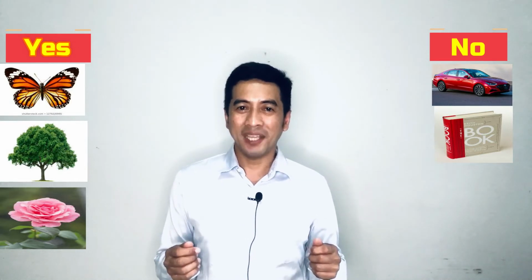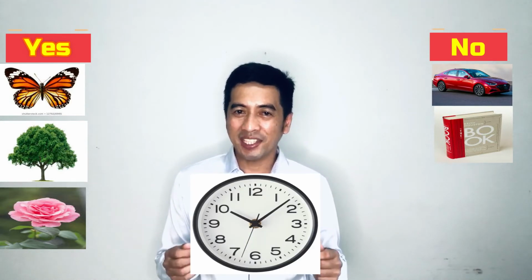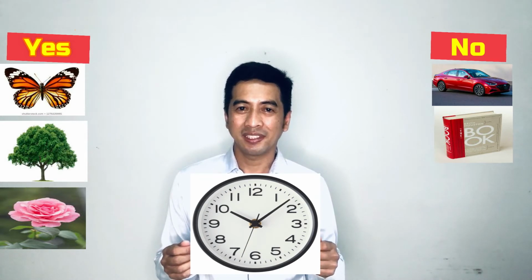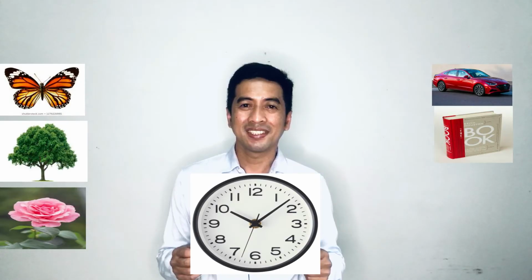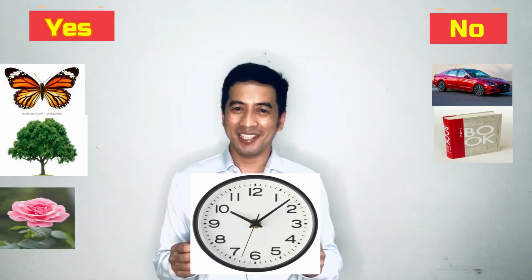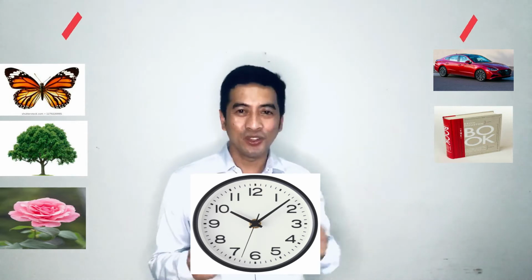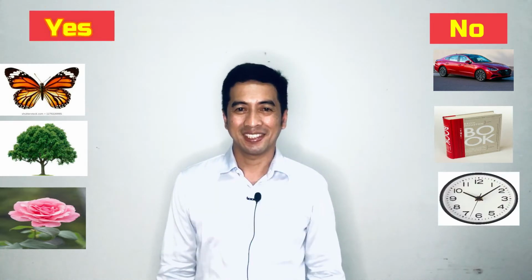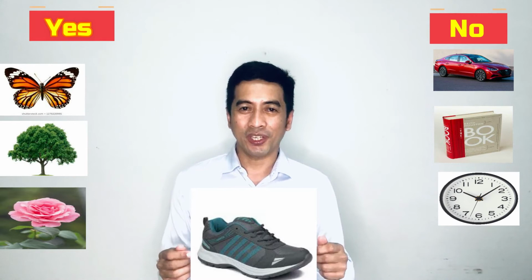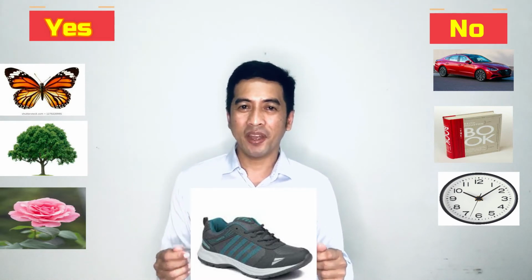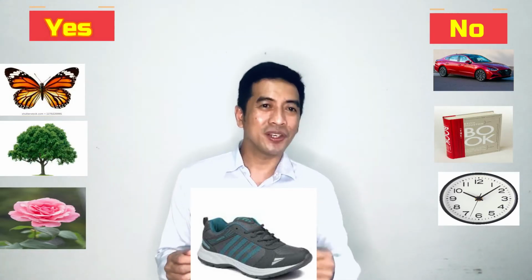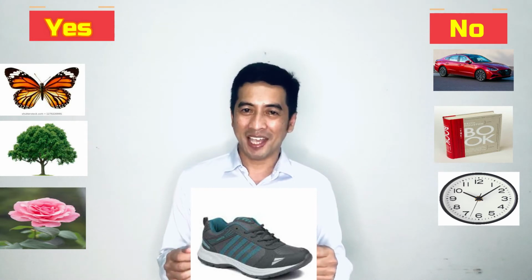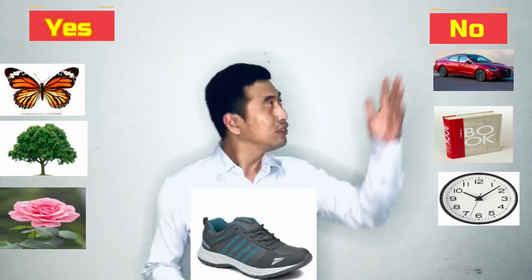The seventh picture. Is this a yes or a no? Darlin? Yes! This picture is a no. The eighth picture. Is this a yes or a no? Christy. No? Very good. This picture is a no.